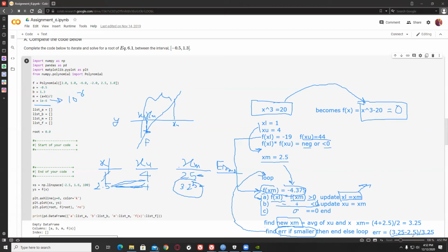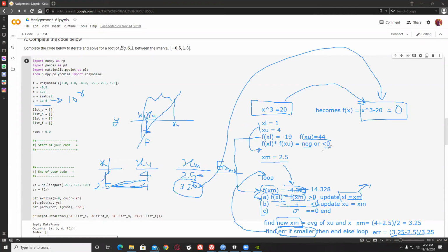Meaning now for 3.25, we need to find xm. So for 3.25, f of xm becomes 14.328 if we apply this to this equation over here.